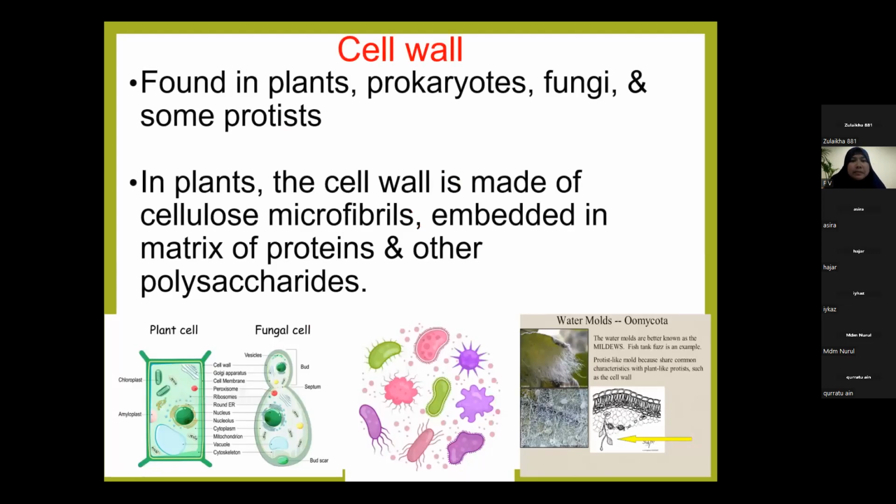Okay, cell wall. Okay, cell wall found in plants, prokaryotes, fungi, and also some protists. Okay, so cell wall can be found in plant. Ingat balik, plant cell wall is made of cellulose. Prokaryote like bacteria, the cell wall is made of, siapa ingat?